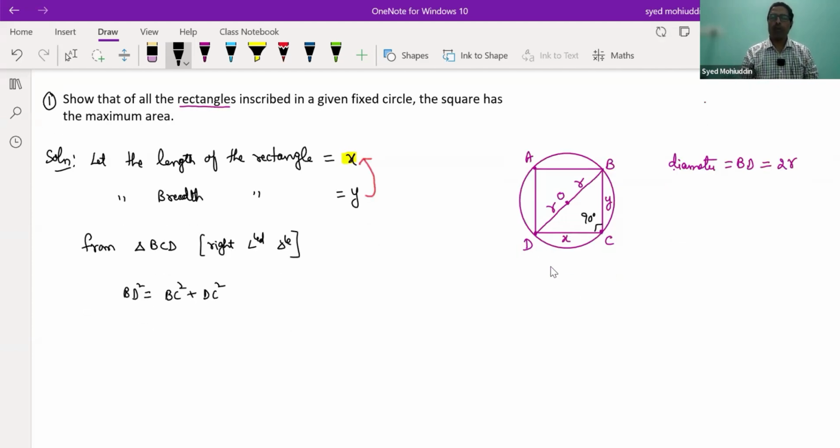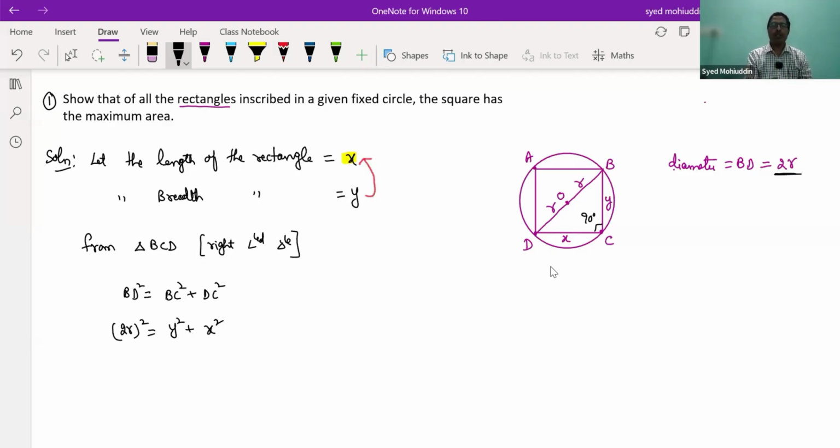What is the BD value? BD value is R plus R, which is 2R. And calculated over here, 2R whole square is equal to BC square. What is BC? BC value is Y, so it is Y square plus DC square. What is DC here? DC is X, so it is X square. I have to find out the value of Y, because X I'll retain as it is.